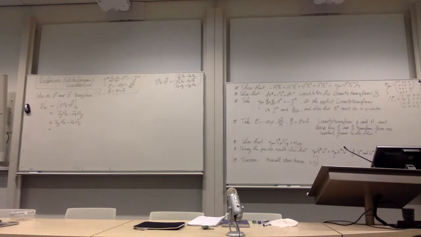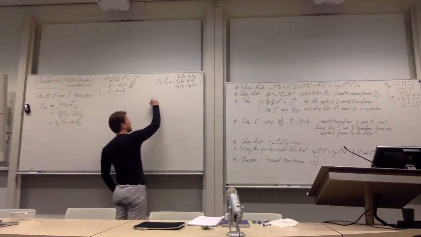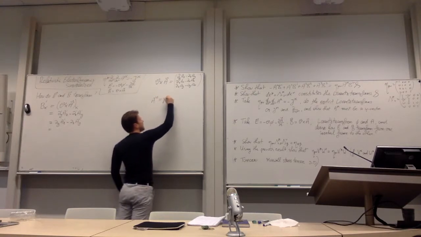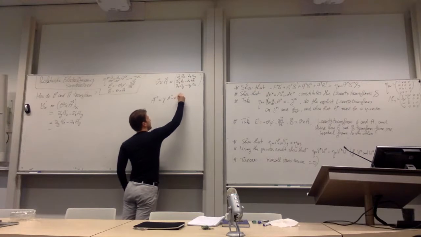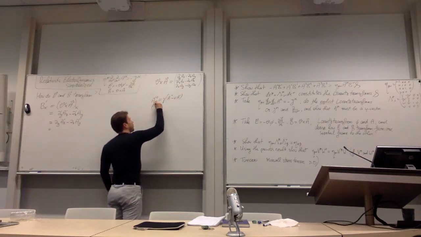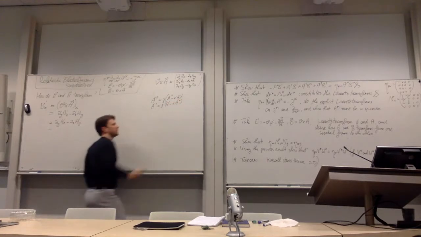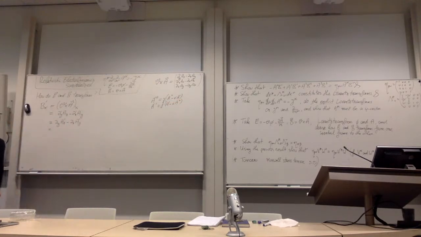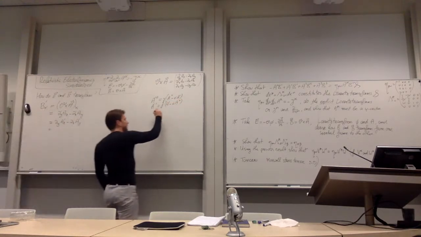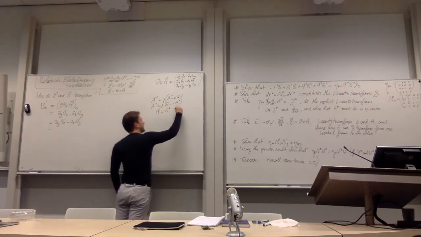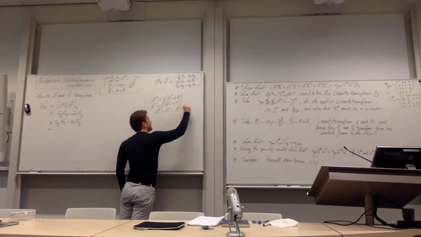Remember, we've proven many times over that A itself, A mu, is a 4-vector. So that means that A prime 0 is gamma A0 minus V A1, and that A1 prime is gamma A1 minus V A0. Agreed? Now, if you're moving in x direction with respect to each other, A2 prime is the same as A2, and A3 prime is the same as A3.